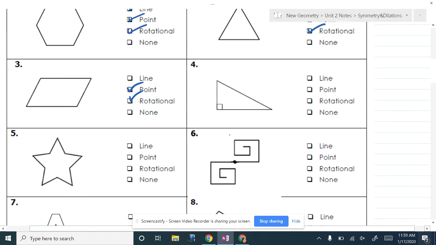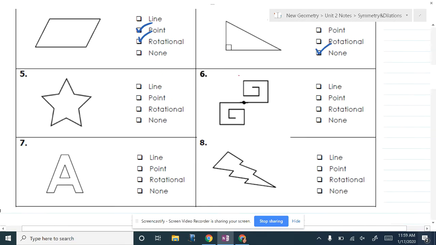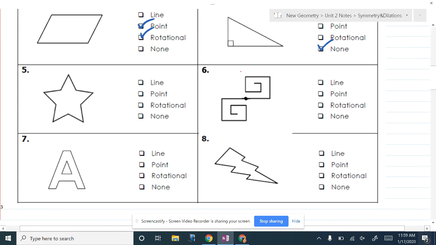Number 4 is a picture of a right triangle. There is no line symmetry because I can't draw a line anywhere and have it match up. Point symmetry, it does not look the same upside down, nor does it have rotational symmetry. So number 4, the answer is none. Number 5 is this 5-pointed star. I can draw a line through the center vertically of that star, and it matches up on both sides.